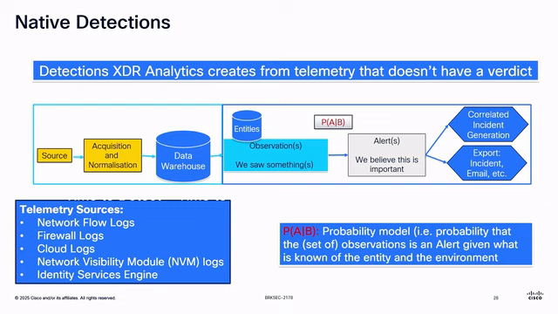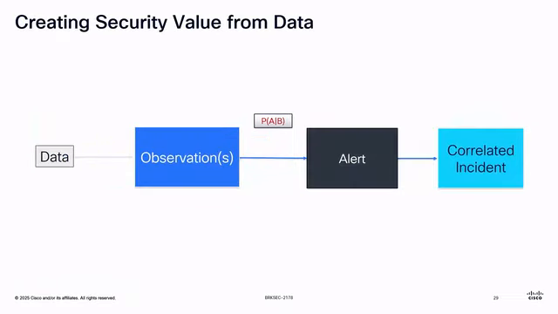The observation to alert model is a holdover from the way SCA operated for years. I'm going to dig into that in a couple slides. Actually, I'll start here. Observations are like a low-level signal in the context of the Secure Cloud Analytics engine.